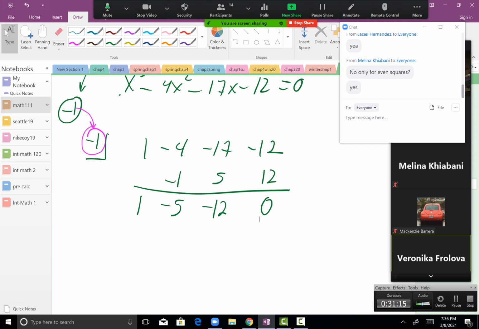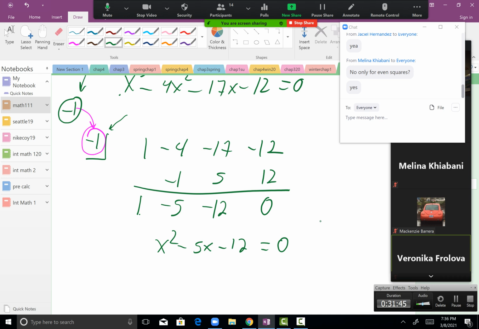Okay, now when we reduce it down, right? So we started with a cubic. I divided by -1, so that reduces the power down to 2. So this would be x squared minus 5x minus 12 equals 0. Now I opened up with saying you can solve any quadratic by using the quadratic formula.